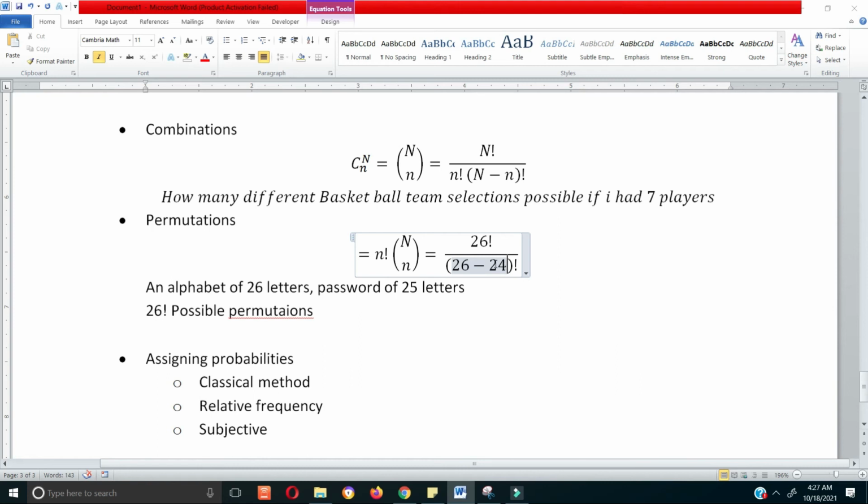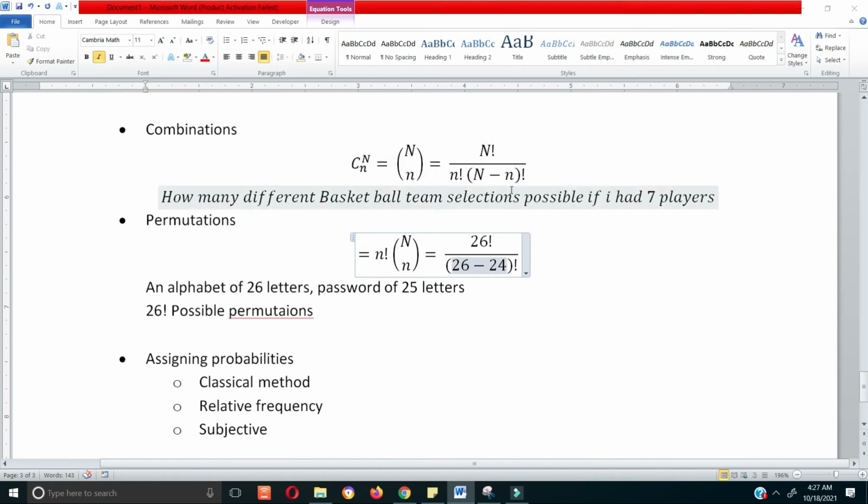So if you have a bigger n, you're going to end up with a smaller denominator, and then you're going to have more permutations.